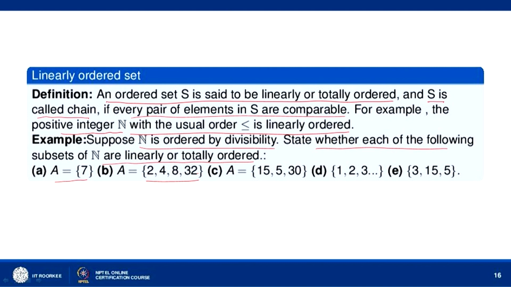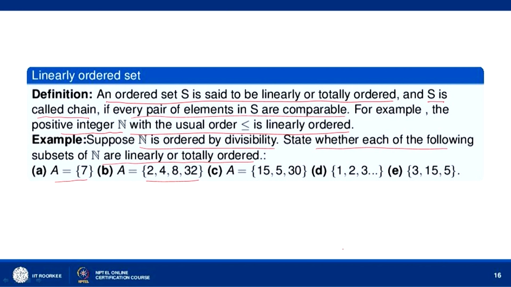You take any two elements in this, 2 and 4, or 4 and 2, or you take 4 and 8, or 8 and 4, or 8 and 32, then either 4 divides 8 or 8 divides 4. If you take 4 and 8, then 4 divides 8. If you take 8 and 32, then 8 divides 32. If you take 2 and 32, 2 divides 32.